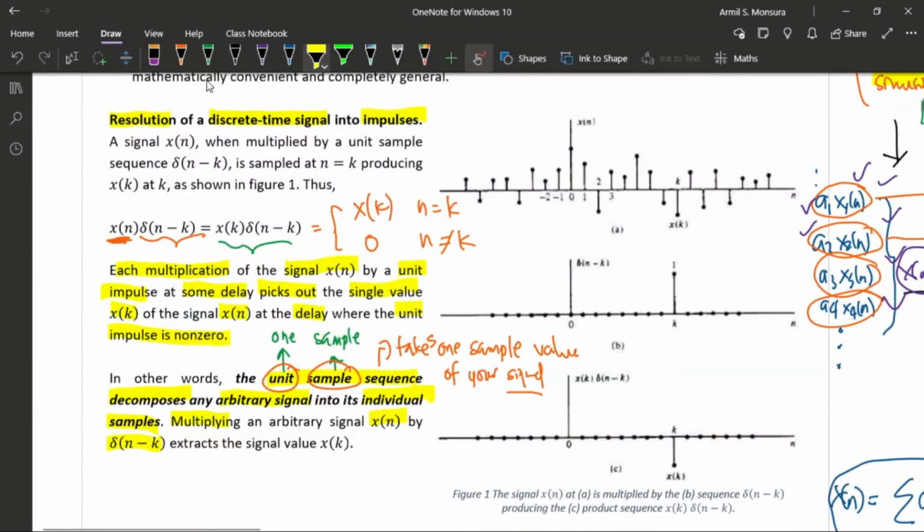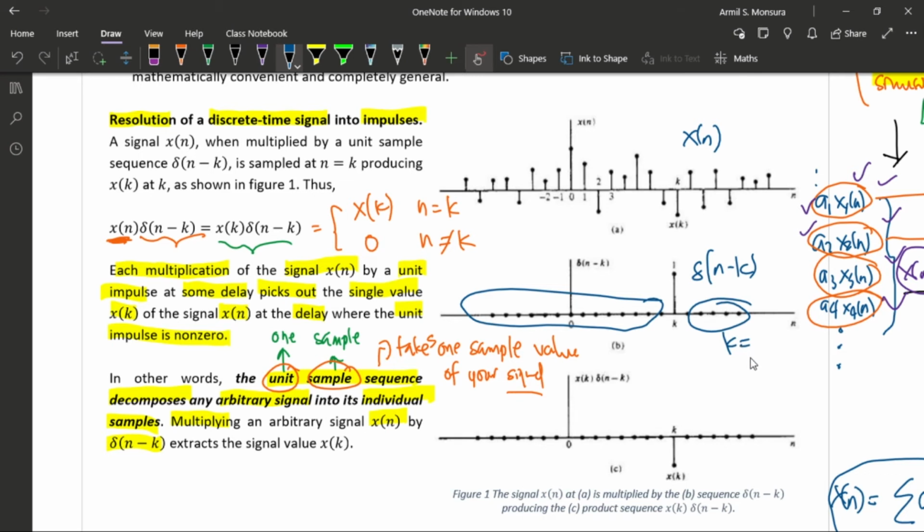So if this is your entire xn, tapos i-multiply niyo siya ng delta n minus k where ang value ng delta n minus k niyo is 0 for n not equal to k. So 0 siya for n not equal to k, 0 din siya dito for n not equal to k. Pero 1 siya for n equal to k.